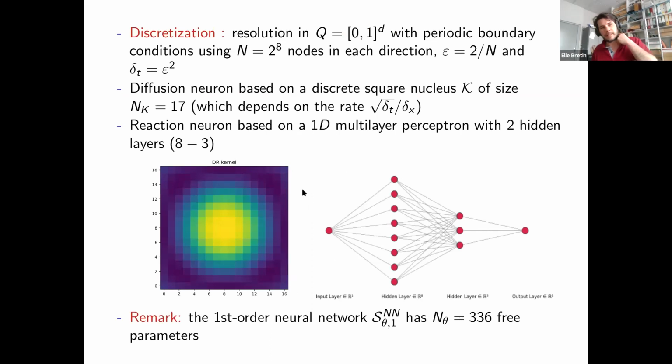So in practice, you need to introduce a discretization of your picture with, for instance, 2 height nodes. We also fix the value of epsilon and delta t.